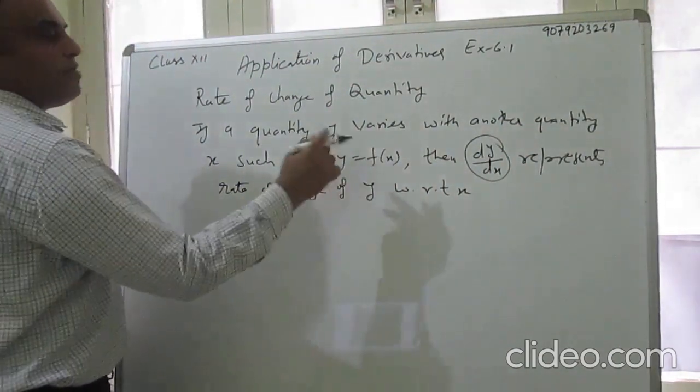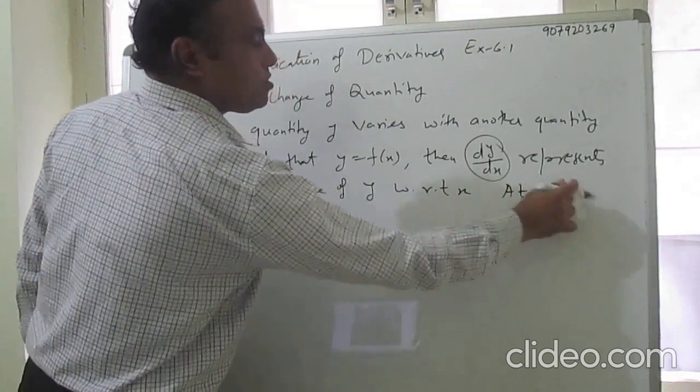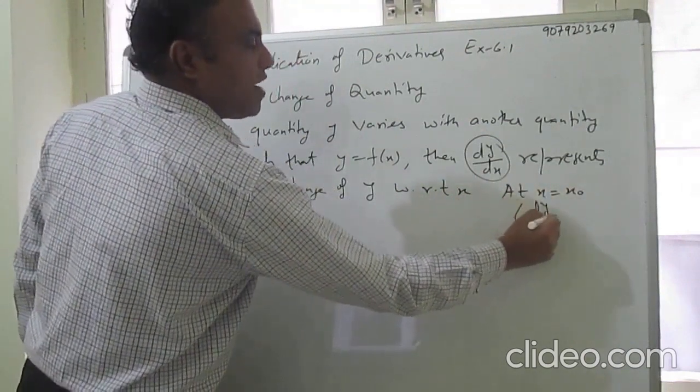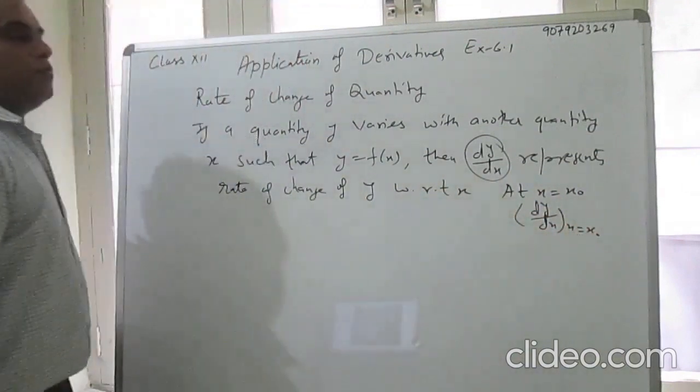Suppose at x is equal to x0, so rate of change of y is dy by dx, whatever the value at x0.